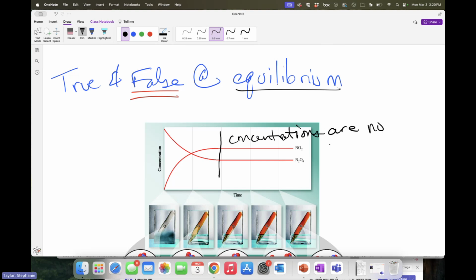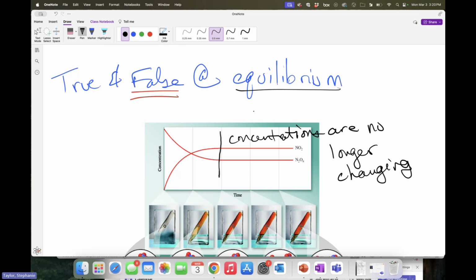That's a true statement. Wherever on my graph of reactants and products I can say the concentrations don't change anymore, the concentrations themselves are stable. That's equilibrium.